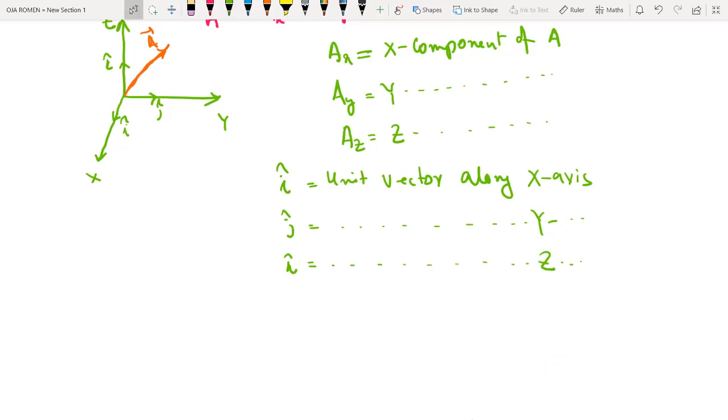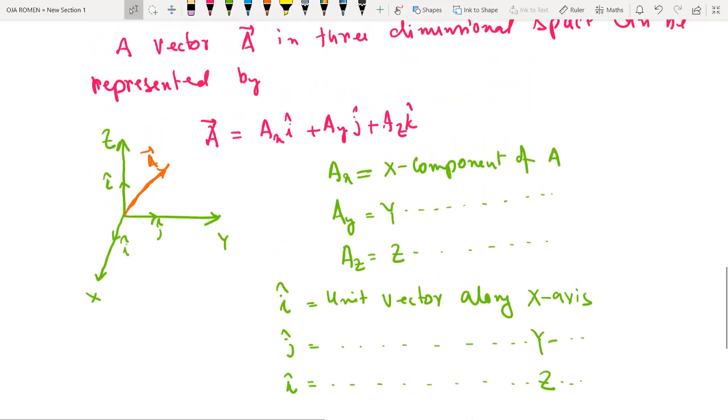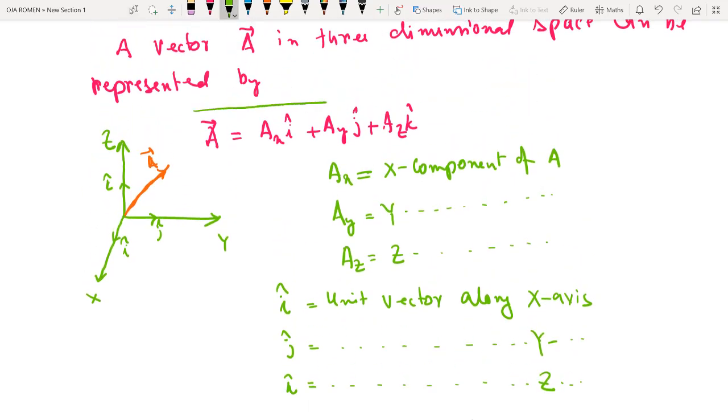Now a vector A in three-dimensional space can be represented by this.